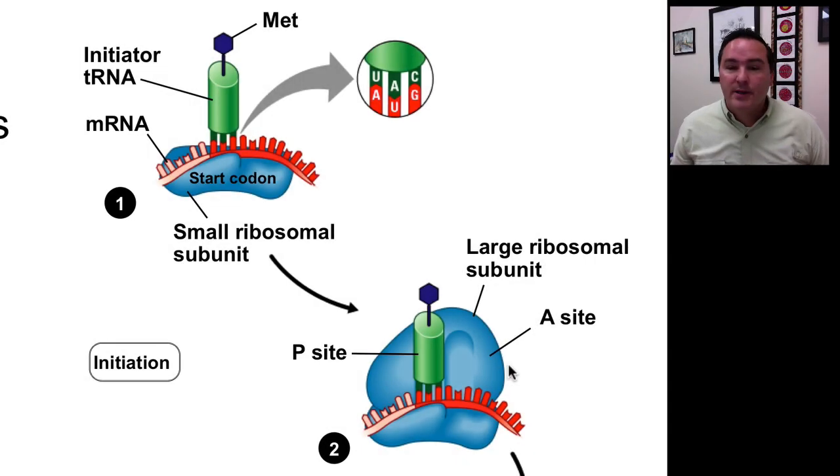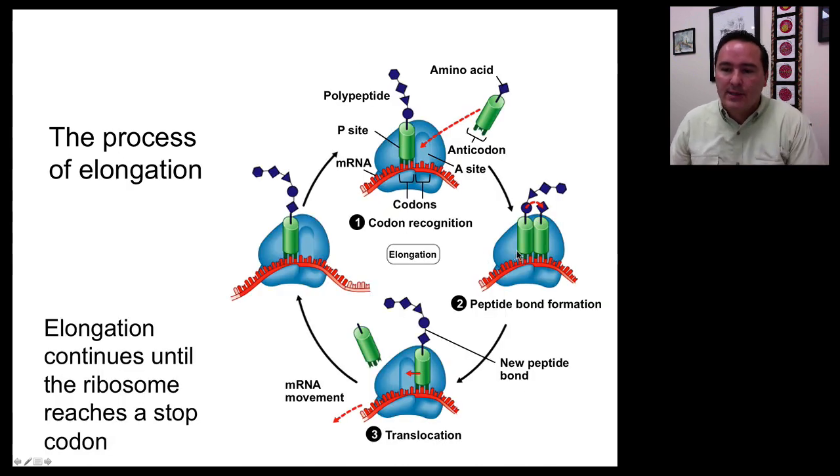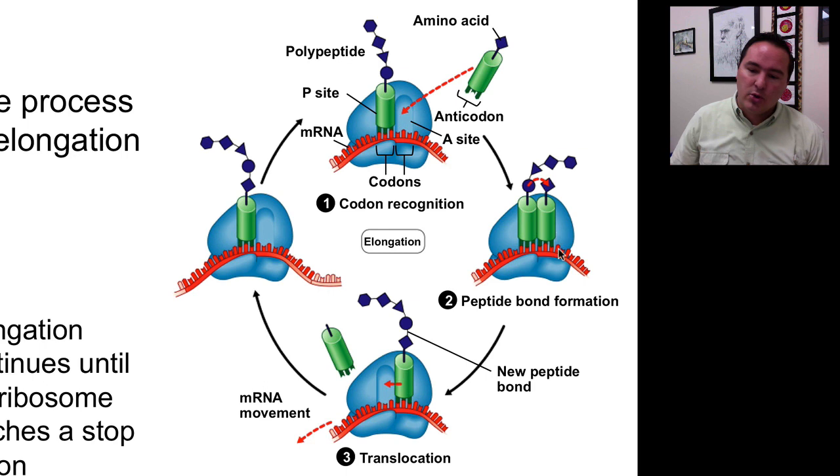Now we'll move on to the next part of the process, where we'll see what happens now that the A site is available. It's ready to receive the next transfer RNA, which has the corresponding anticodon, and therefore it's bringing in the correct amino acid. Then you go into what's called translocation, first the peptide bond formation.